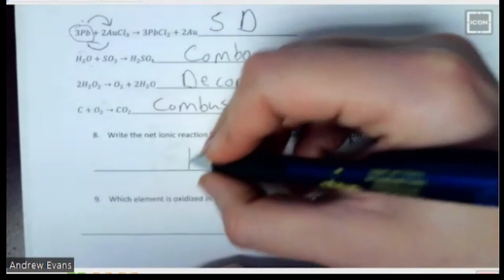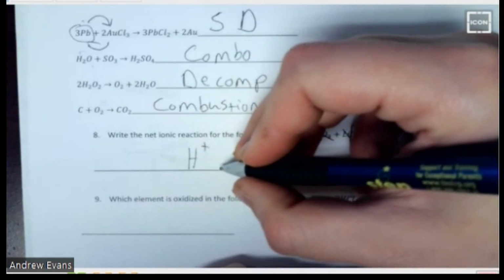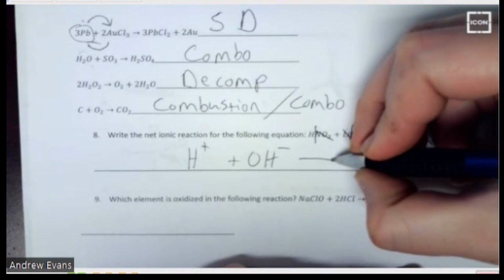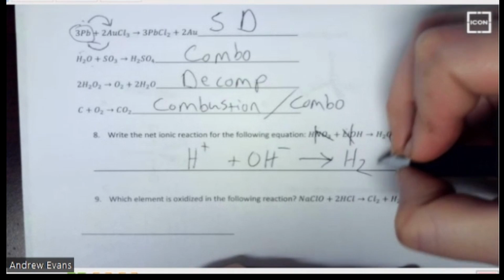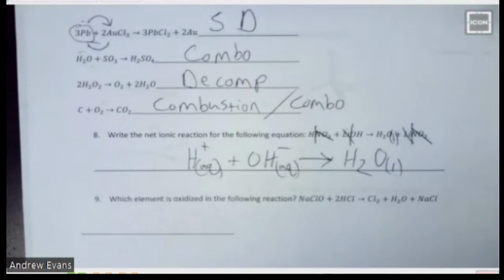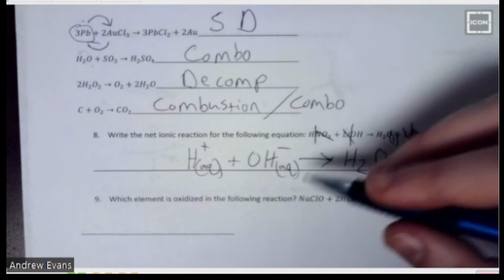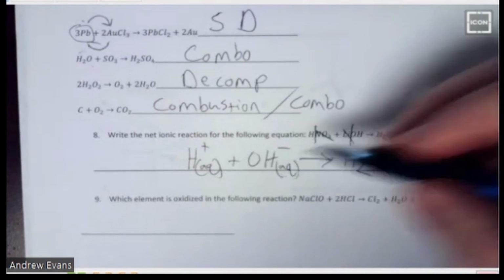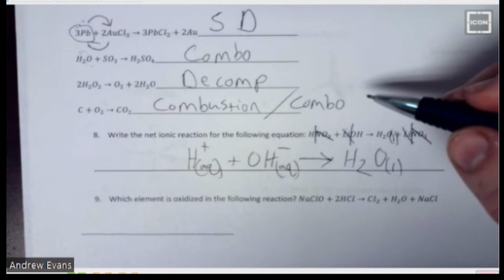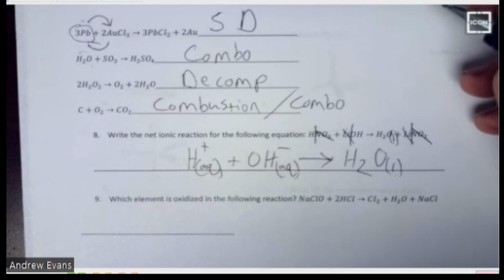You have H plus and OH minus goes to water. I accepted this without the phases, because hey, if you got what it split into and the net ionic, it's good enough.